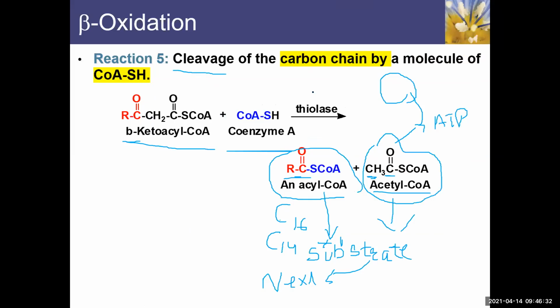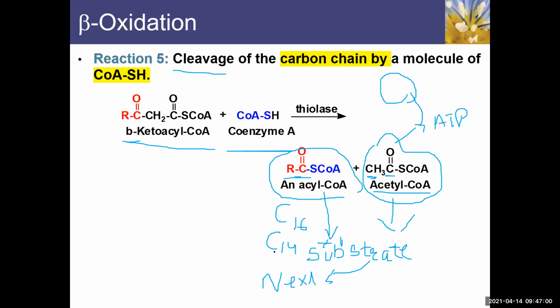I've simply said that after one round of beta oxidation of fatty acid, we produce an acyl CoA with two carbon atoms less than whatever we started with. If we started with 20, after round one we will have C18 plus one acetyl CoA, right? Whatever we produced here, this acyl CoA will again go back to round one and start beta oxidation again.